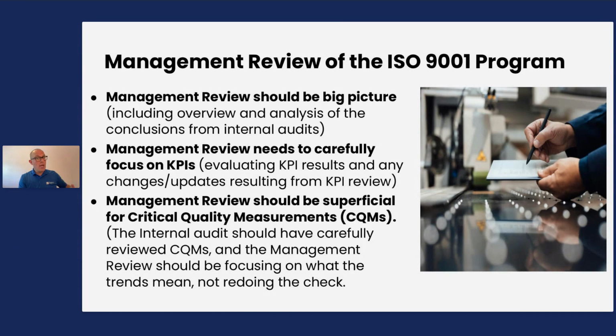Now, I suppose if I'm doing a management review and I find out that my quality assurance manager is not properly trained, if I do not believe they have performed the internal audit function correctly, top management may go ahead and drill down into the data to confirm whether or not there's suspicions of the qualifications of the internal auditor or the quality assurance manager. That may result in an exception in which top management does drill down into it. But in a properly functioning ISO 9001 program, we would be expecting that this was done correctly and that for top management, we are just trying to make sure and confirm this was done correctly.